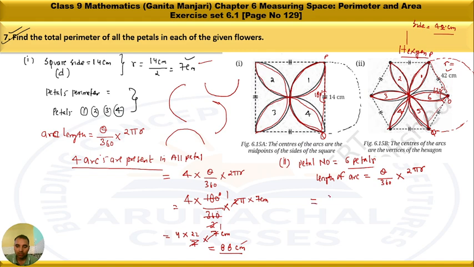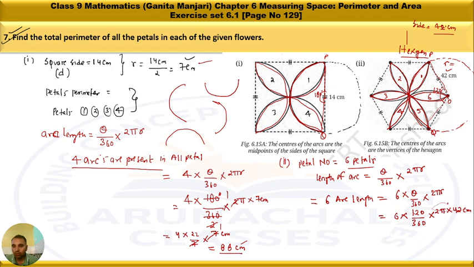So 6 arcs are present, so we need to find 6 arc lengths, then we can get the perimeter of all the petals. So 6 multiply with theta upon 360 multiply with 2 pi r. Here theta is 120 because the angle is 120 as per the hexagon. So it is 6 multiply with 120 divided by 360 multiply with 2 pi r, where r is 42 centimeter.